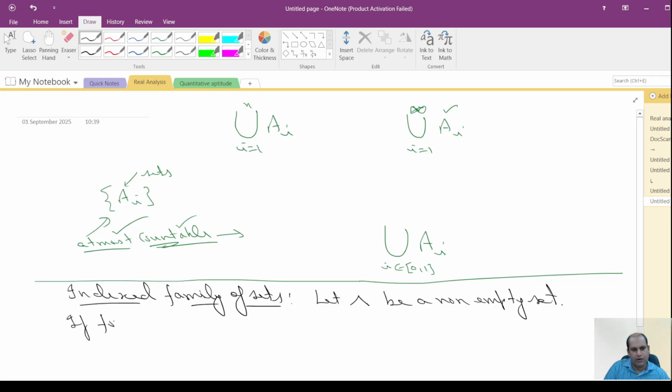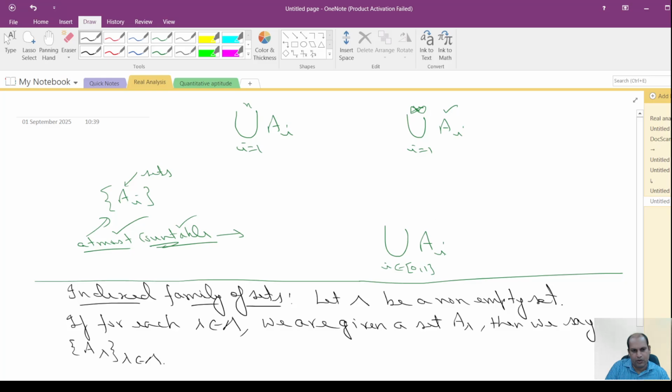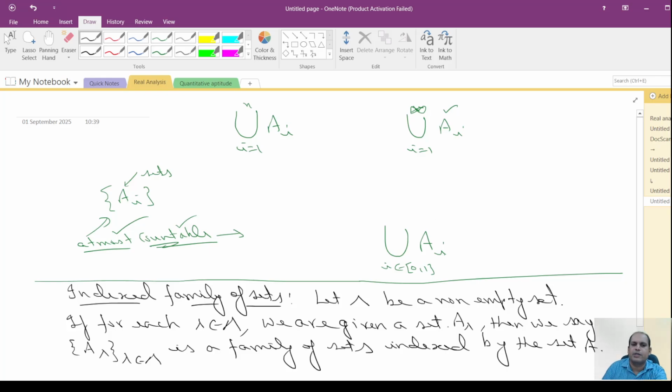If for each lambda belonging to the index set we are given a set, say A_lambda, then we say A_lambda, where lambda belongs to the index set Lambda, is a family of sets indexed by the set Lambda.